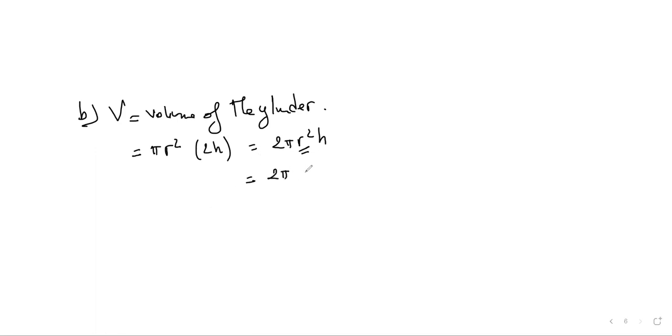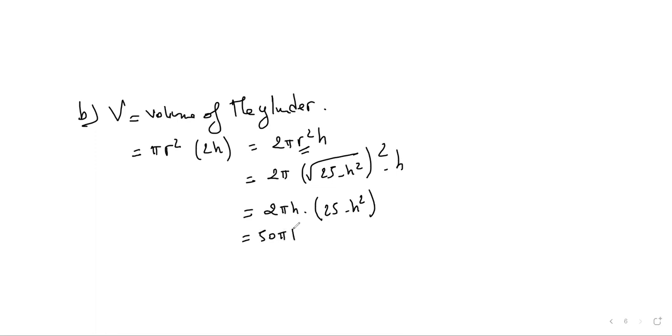It's pi times the square root of 25 minus h squared, squared, times h. The square root and the square kill each other, so I will have pi h times 25 minus h squared. I expand this, so it will be 50 pi h minus 2 pi h cubed, and this is exactly what they asked you to show.